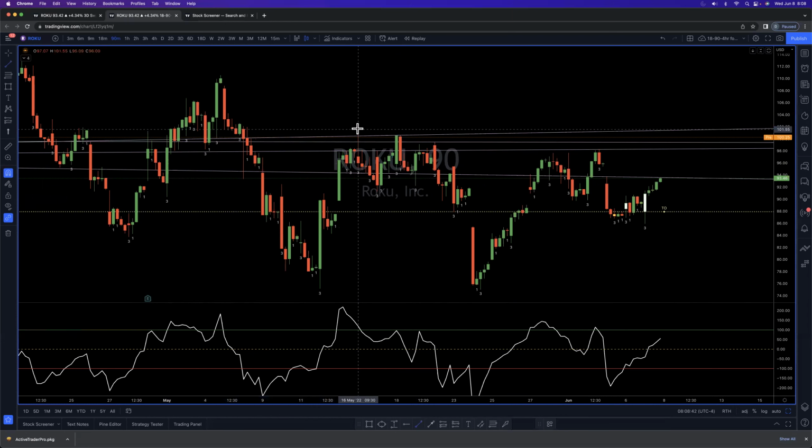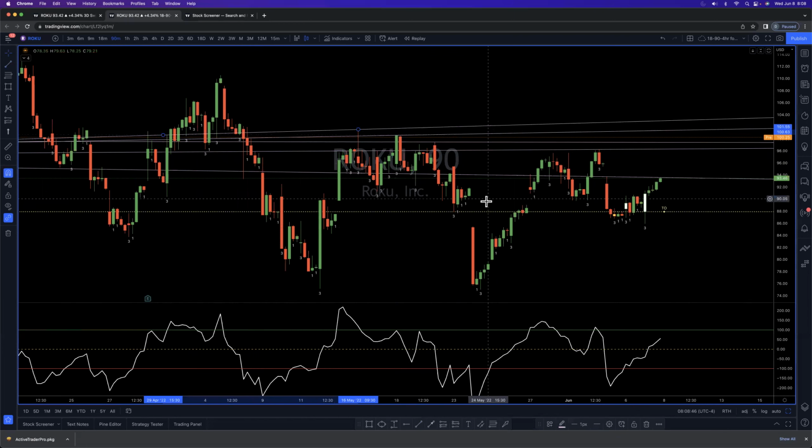We'll just want to be careful if price action doesn't blow through those ranges. All I've done is take these outside bars and draw those broadening formations.